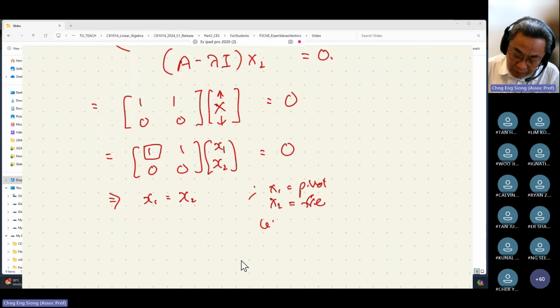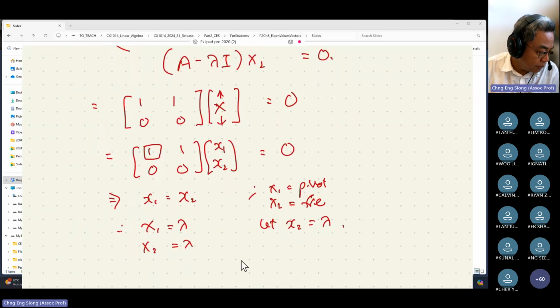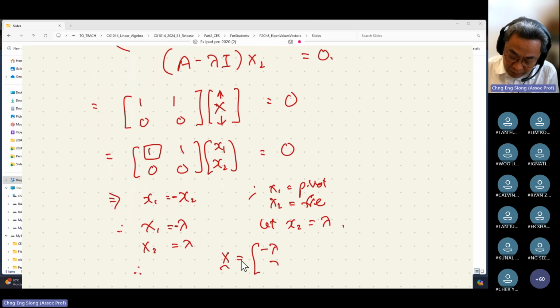Then let x2 equal lambda. Therefore x1 equals lambda and x2 equals lambda. Did I make a mistake again? Oh yeah, minus, minus. Therefore the vector x equals minus lambda, lambda, which is lambda times minus 1, 1.